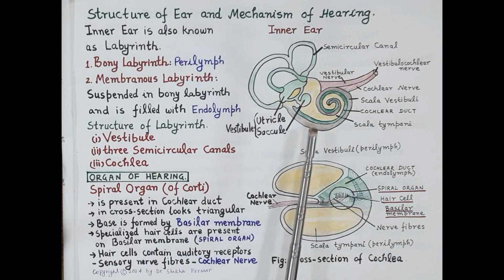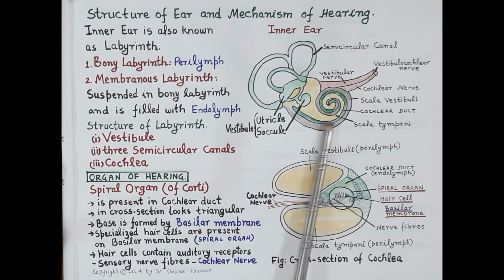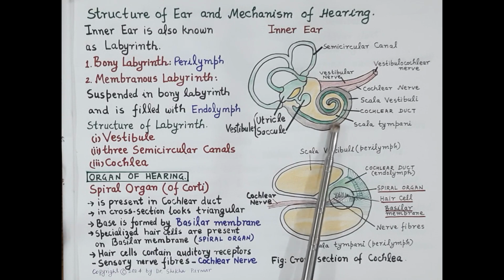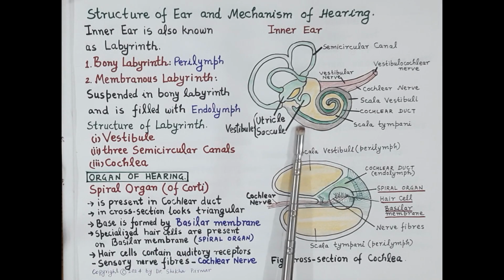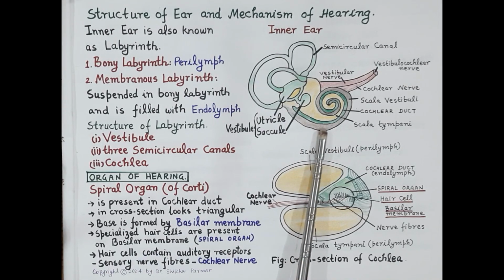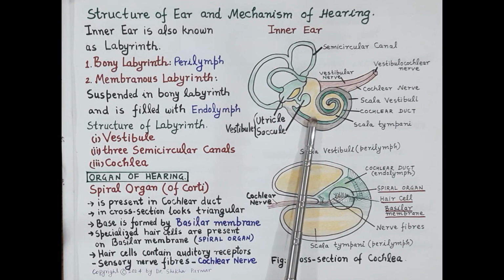Now very important, visualize that this labyrinth is like a tube inside a tube. That is two tubes. One tube, let's say this green color tube, inside another tube. The outer tube is known as the bony labyrinth, and this bony labyrinth is filled with the perilymph, and suspended in this bony labyrinth, the outer tube, is a membranous labyrinth.